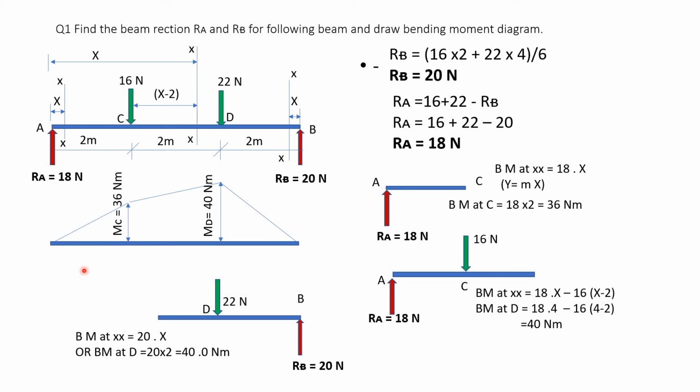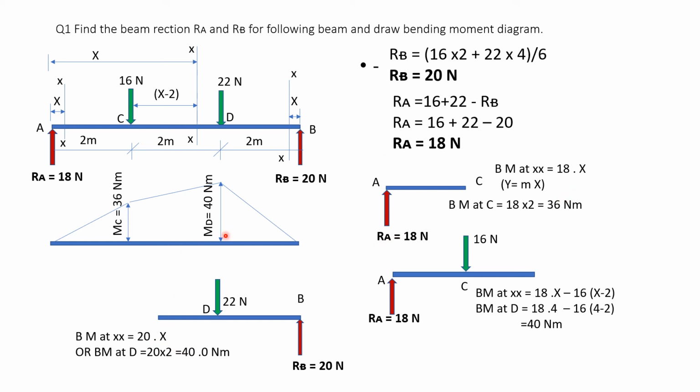Now the question is, in the exam, when we are told to draw the bending moment diagram, is it that every time I will show this AC, one section line here at X, then another section line between CD, and a third section line between D and B, and draw a free body diagram for AC, and again a second free body diagram, and then the third diagram, and do the calculations?